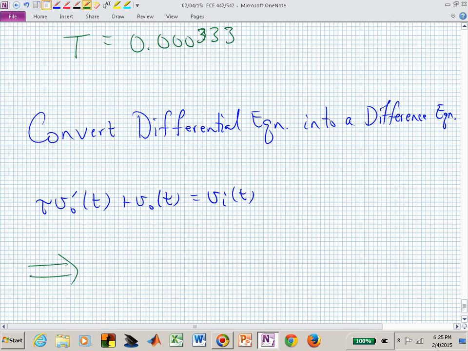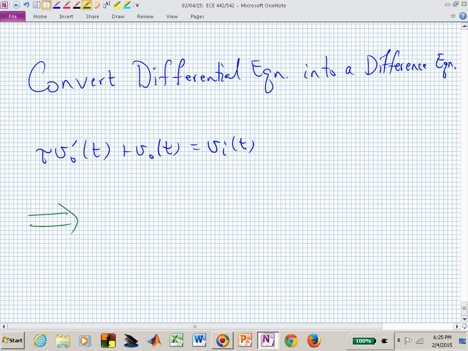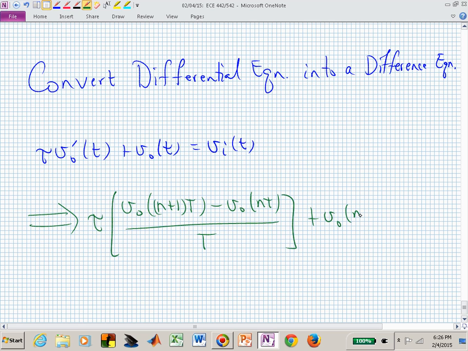To push that into a difference equation, we were simply replacing the derivative with this finite difference. The finite difference being v sub 0 of (n plus 1) capital T, minus v sub 0 of nT, all over T, plus v sub 0 of nT equal v sub I of nT.